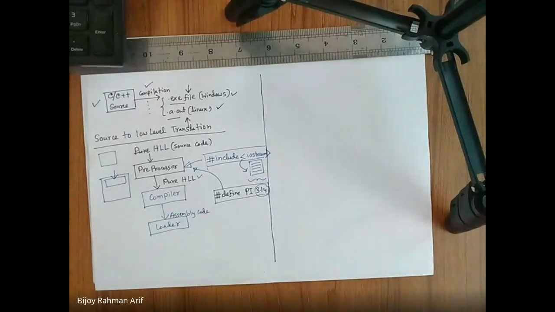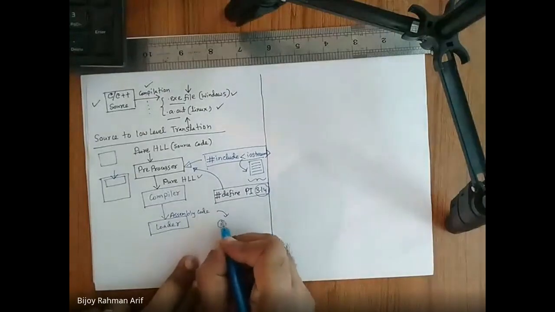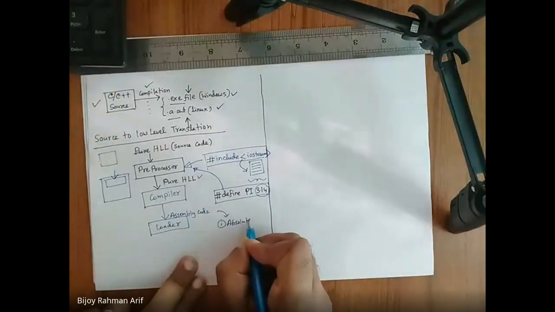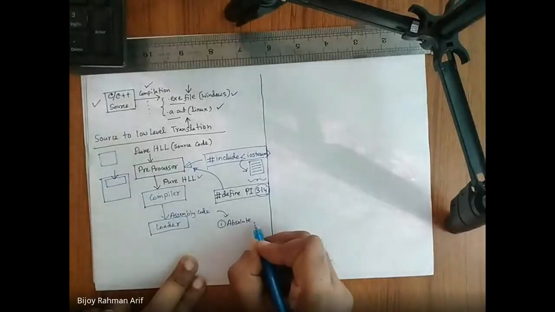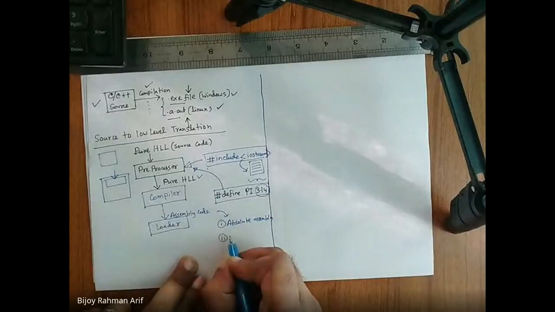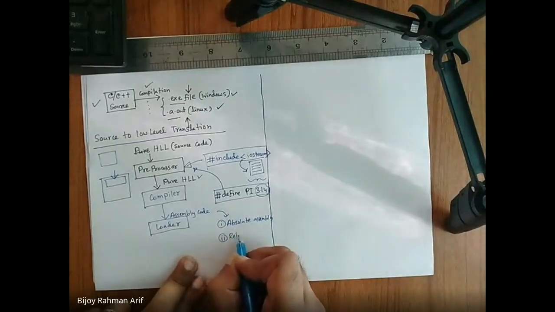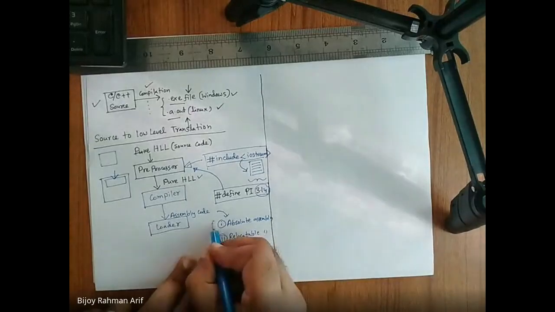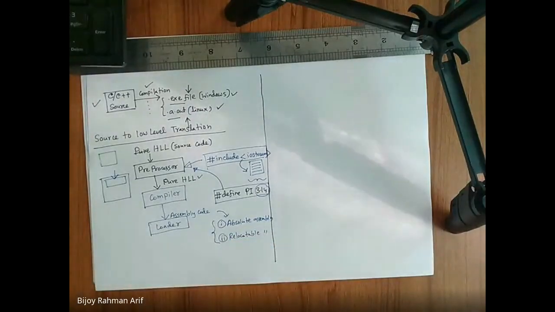Okay, so let me give you the answer. Assembly code can be of two types. One is called absolute assembly. Another one is called relocatable assembly. So what is absolute assembly?